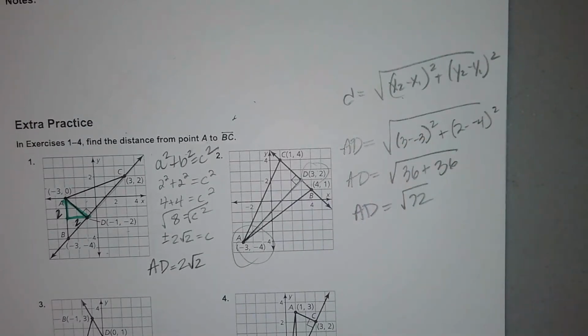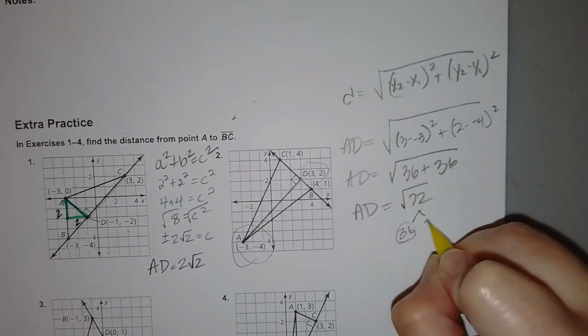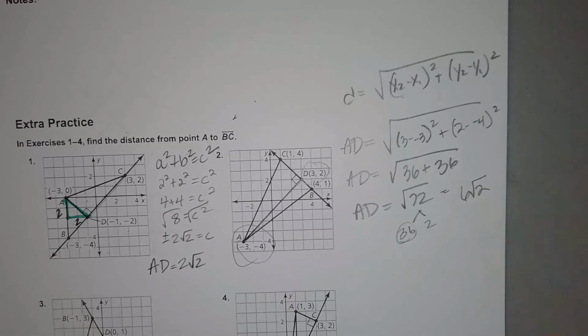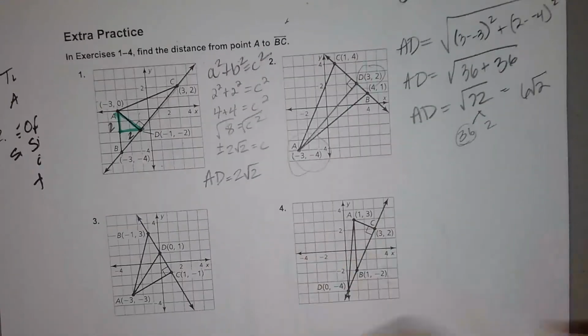So this is the square root of 72. Let's reduce this radical. Well, we already know that 36 goes into it, right? And we know the square root of 36 is 6. So this would be 6 root 2 as my final answer. Again, we're only going to take the positive version of that one because even though we have to put a plus or minus every time we square root, we're only talking about a distance on that one.